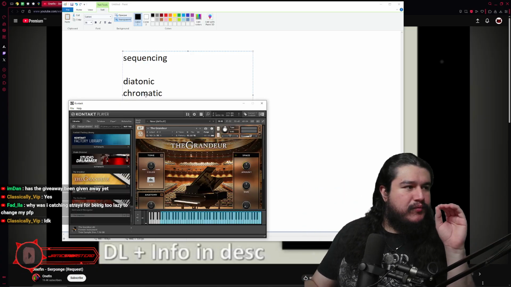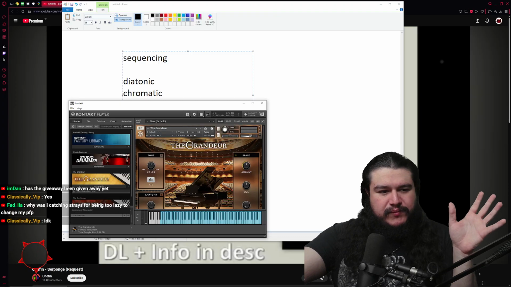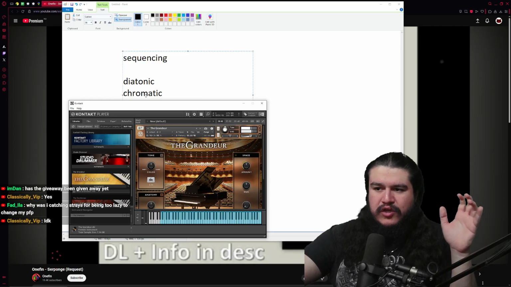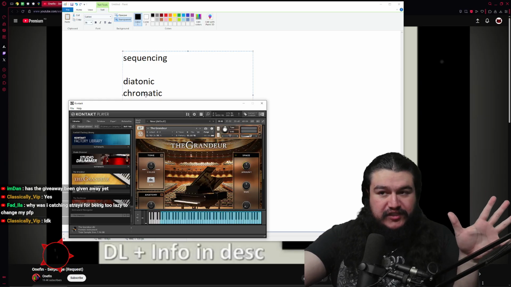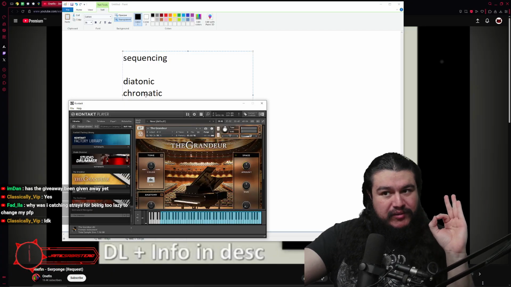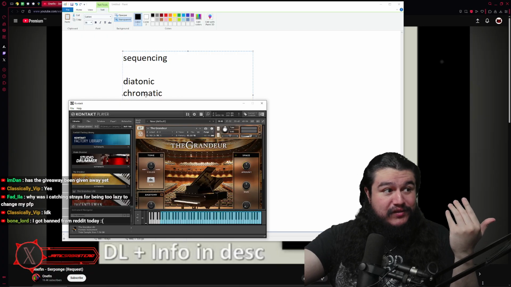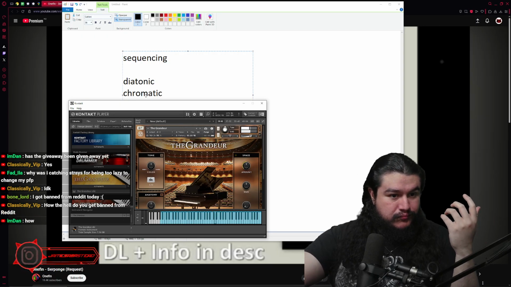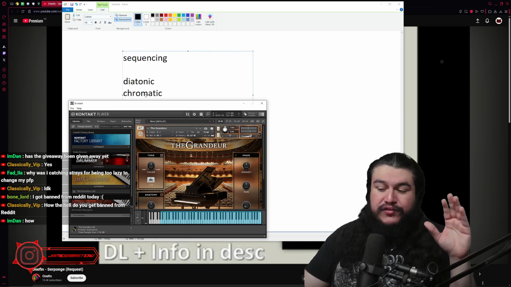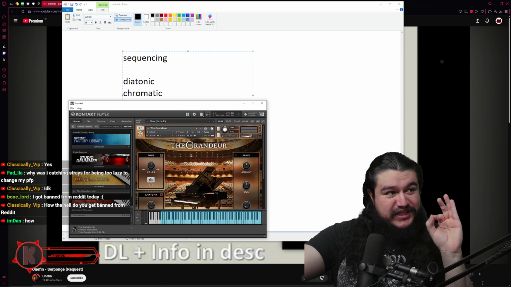So, for example, sequencing in diatonic means we have, for example, the scale of C major, which is all the white keys on the keyboard. Now, this shape, the exact same shape, is not going to play the same over here. But diatonically, we can play the same shape. So sequencing, that kind of thing. However, if we were to do it chromatically, we would be doing the exact same shape.